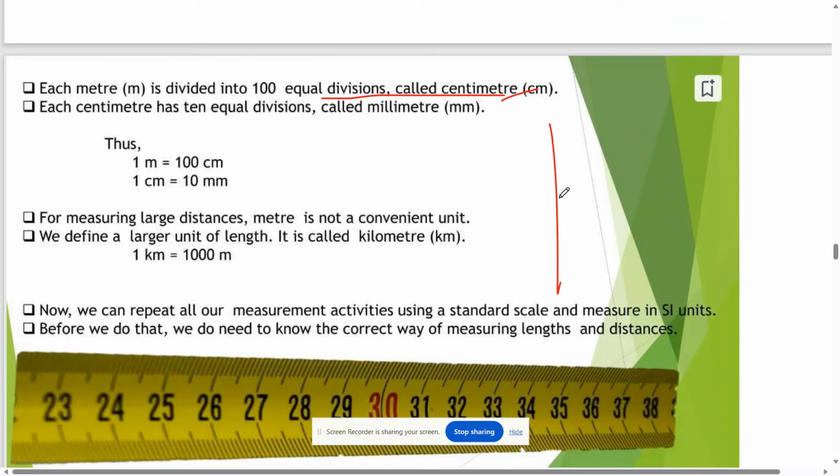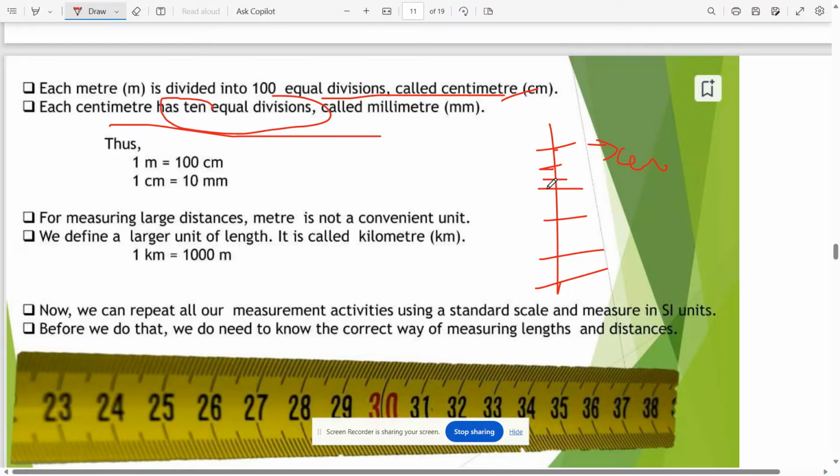Like this is a meter, it is divided into parts. These parts are centimeters. Each centimeter is divided into 10 equal divisions, which are known as millimeters.